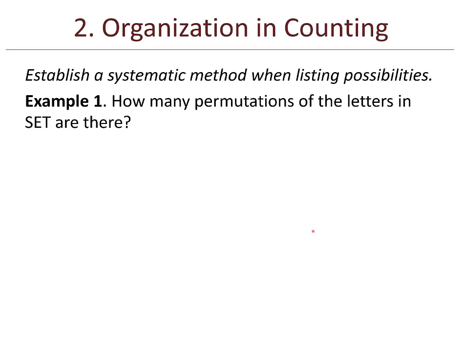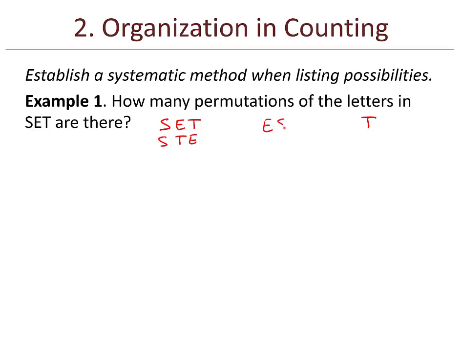How many permutations of the letters in SET are there? So systematically, maybe I would start with all the permutations that start with S, and then all the permutations that start with E, and then all the permutations that start with T. Well, if I start with S, then E and T remain. So S, E, T, and S, T, E. If I start with E, then S and T remain.